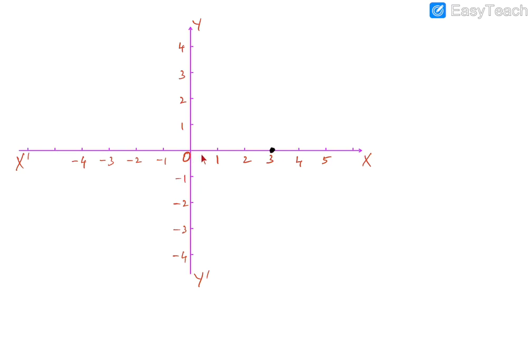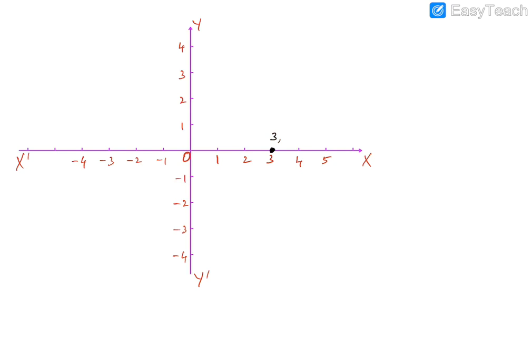So from the origin, you can clearly see that the distance of the point is +3 because it's on the right-hand side of the origin along the positive x-axis, and it is lying at the point 3. So therefore, the x-coordinate for this point is 3. So let's write that. The x-coordinate for that point is 3.